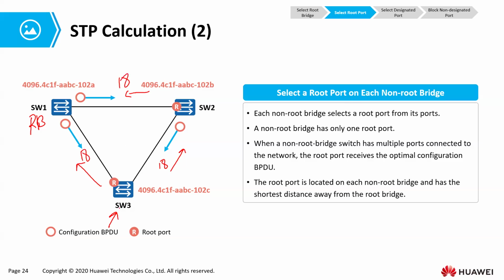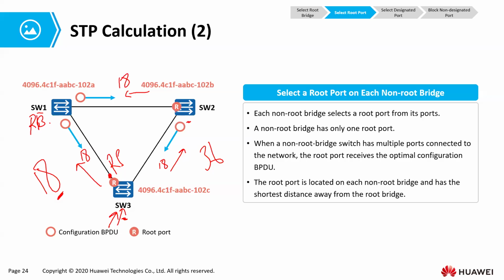Cost here, you get 18. So for me to get from switch 3 to switch 1, it costs me 18. To get from switch 3 to switch 1, which is the root bridge, is going to cost me 36. The lowest cost port towards the network is the root port. That's how you identify the root port. So the root port is identified by using my cost.